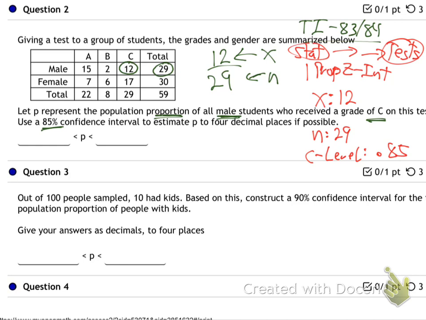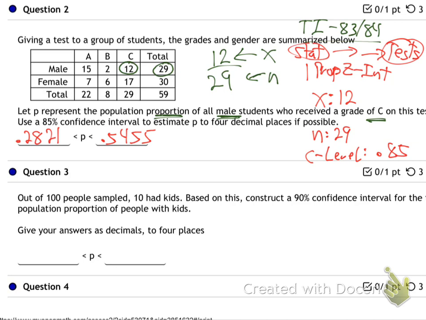And you get the magic numbers. I'm getting, how many places? 4 places again. I'm getting 0.2821, and then 0.5454, I guess you've got to round that last one to a 5. 0.5455.